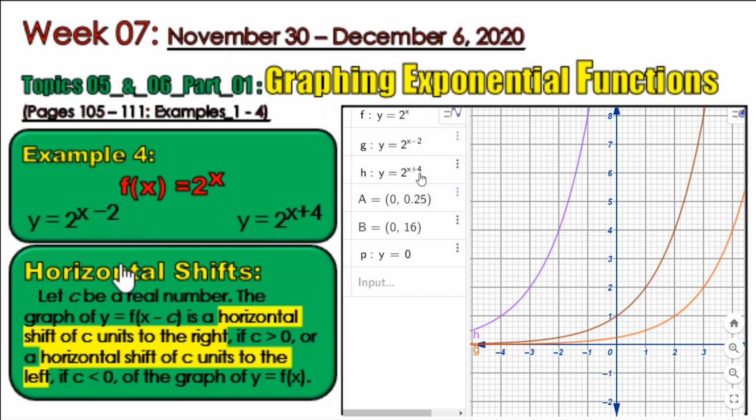If your c is negative, you'll be shifting your graph to the left. So let us have more examples for case number 4, which is the horizontal shifts, left or right.